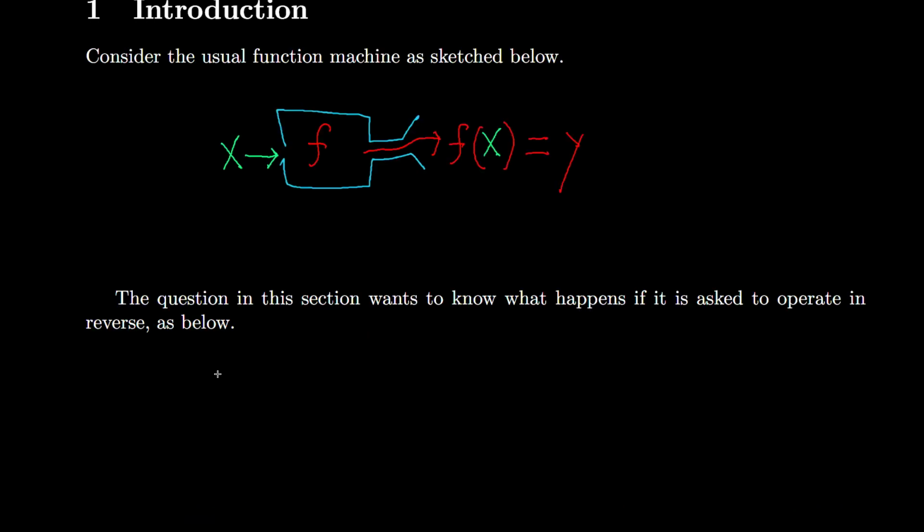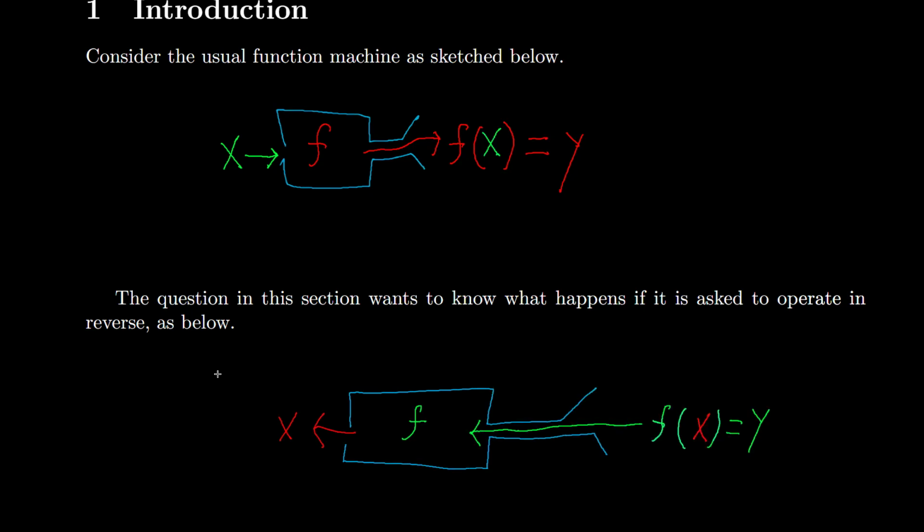The question in this section wants to know what happens if it is asked to operate in reverse, as below. So like this. As in, you take the output and shove it back through the other way. You should get the original input.